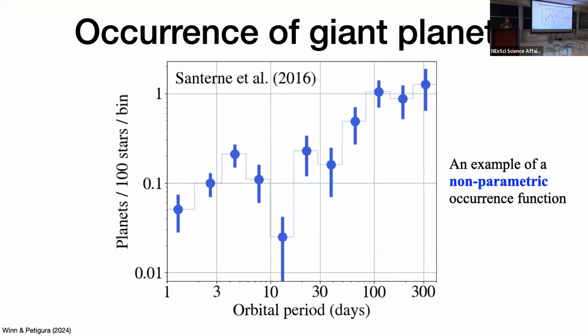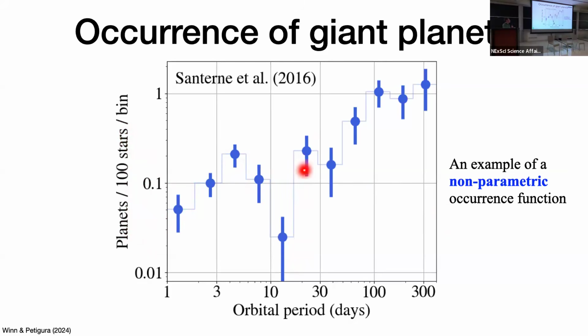Nevertheless, the Kepler survey was able to make a good contribution. In fact, Alexander Santerne and his group were able to make a useful contribution to the demographics of giant planets based on the results of the Kepler survey. So this is an example of a non-parametric occurrence function, where what they calculated is the number of detections divided by the effective search sample, giving the average number of planets per 100 stars per bin in period here.